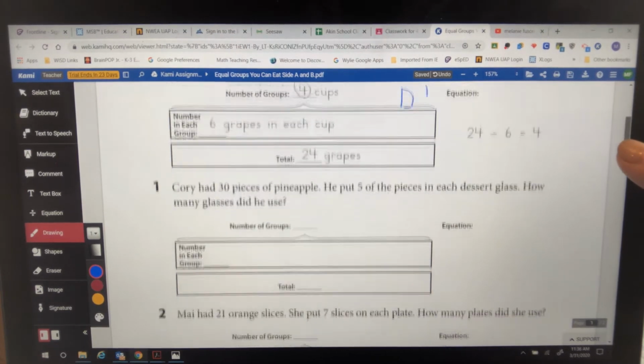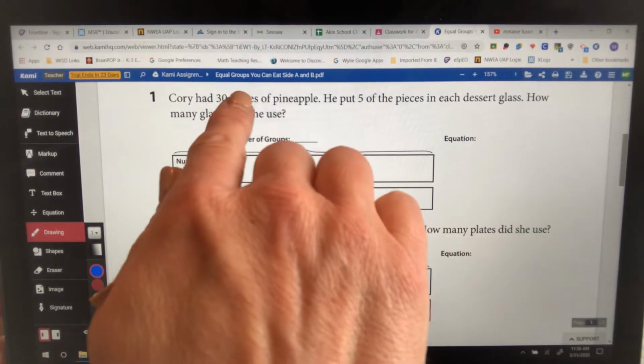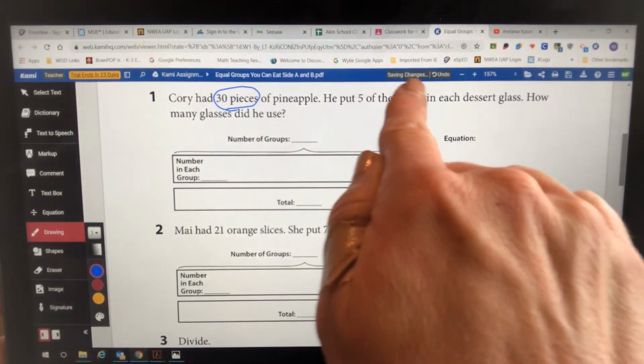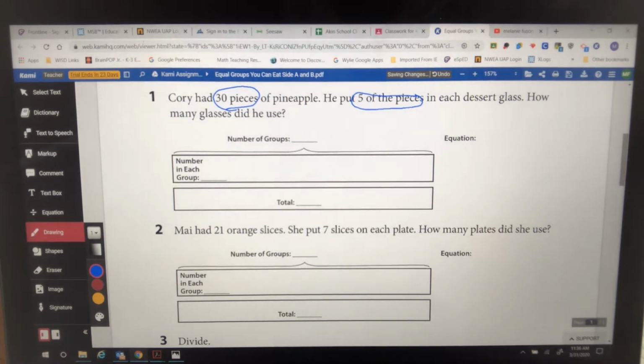Let's go ahead and look at problem 1. Corey had 30 pieces of pineapple. I'm going to circle that. He put 5 of the pieces in each dessert glass. So I want you to picture Corey with a bunch of pineapple, and I want you to see that he's putting the pineapple in dessert glasses, but he's putting the same amount in each glass.